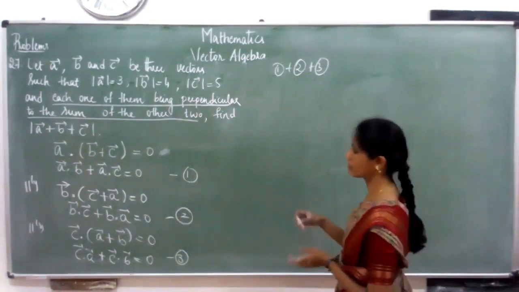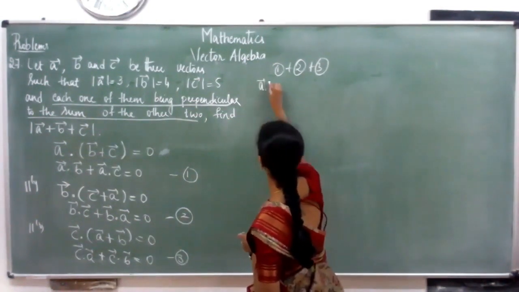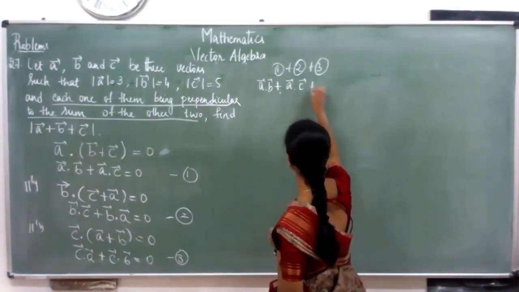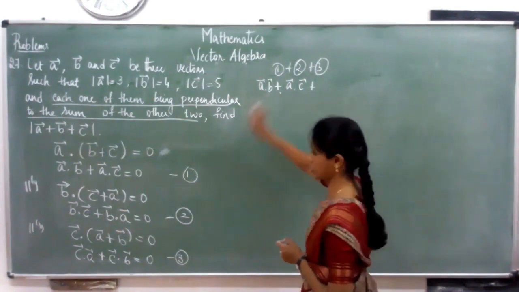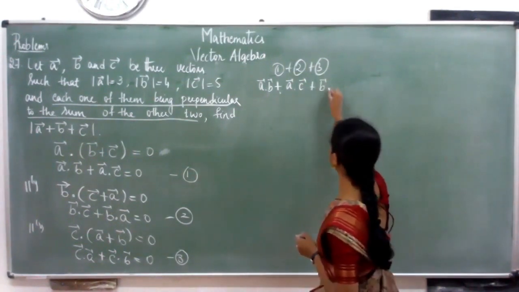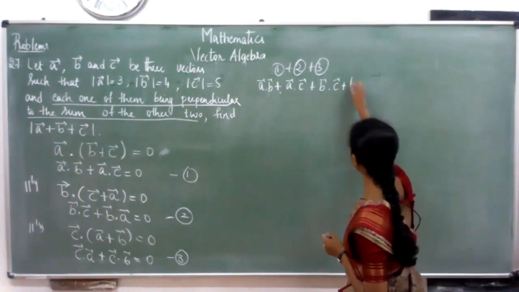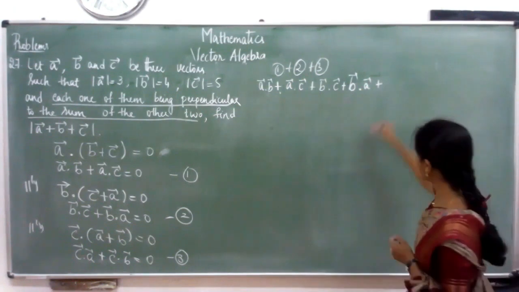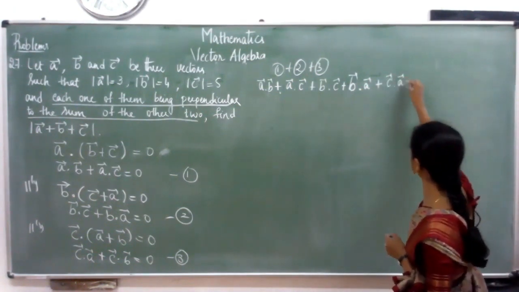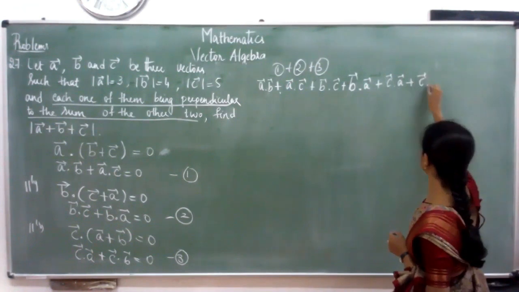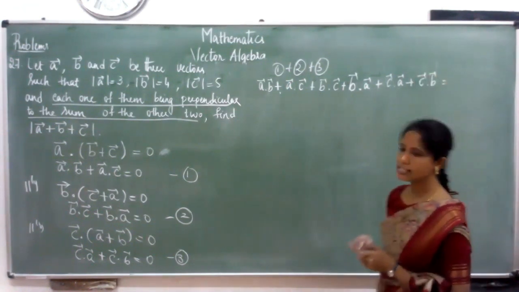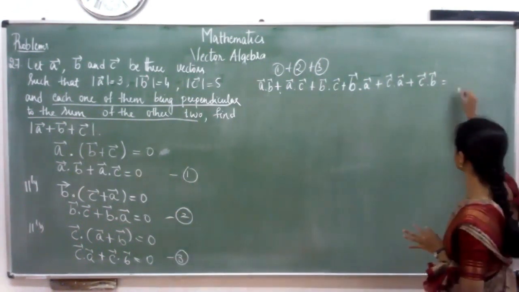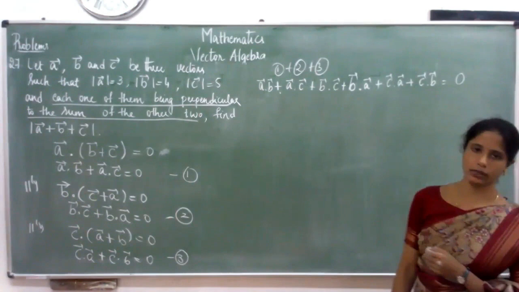So adding the left hand side first: vector A dot vector B plus vector A dot vector C, this is our first equation, plus vector B dot vector C plus vector B dot vector A, plus vector C dot vector A plus vector C dot vector B is equal to, adding the right hand side of the three equations, 0 plus 0 plus 0, it is 0.